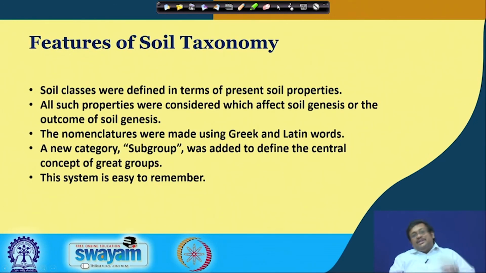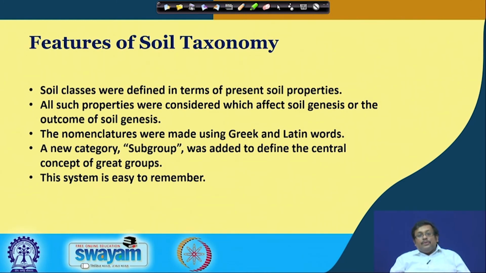What are the major features of soil taxonomy? Well, soil classes were defined in terms of present soil properties, and all such properties were considered which affect soil genesis or the outcome of soil genesis. So, in this system it is not neglecting soil genesis, it is also considering soil genesis, but in terms of some measurable soil properties.